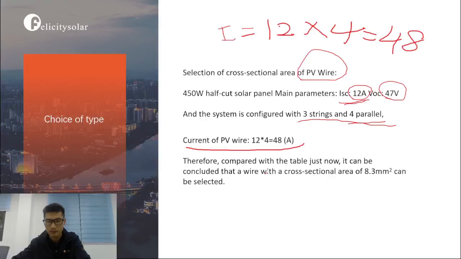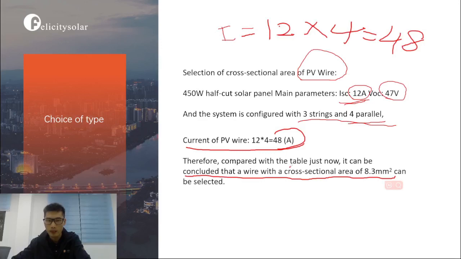You see? So according to the current and by the table, it's concluded that a wire with a cross-sectional area of 8.3 is the wire we will choose.